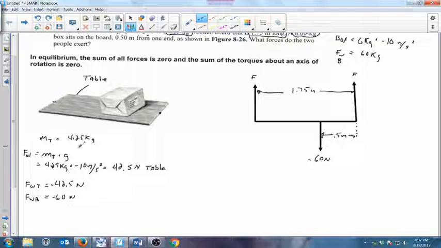But where do I put the 42.5 newtons for the table itself? The rule says that if the table is nice and uniform, it's not thicker on one end than the other, then that weight shows up right in the center of the table, right there in the center. The box is here, okay, at 0.5.